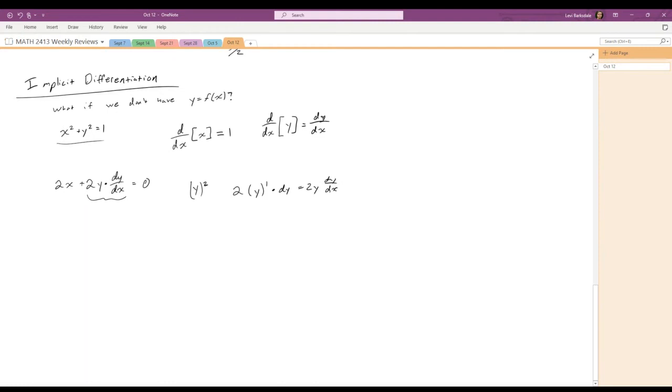Make sense? Y cubed, the derivative of that would be 3y times dy over dx, right?